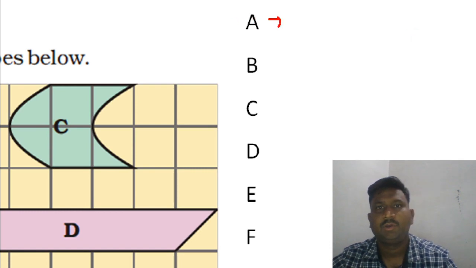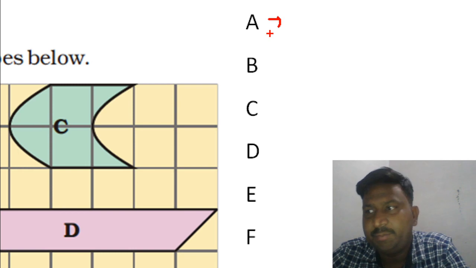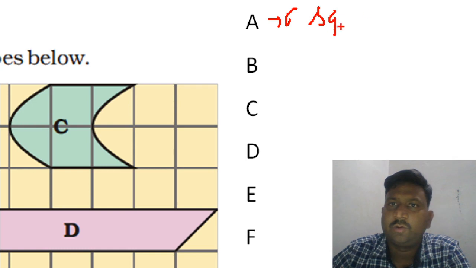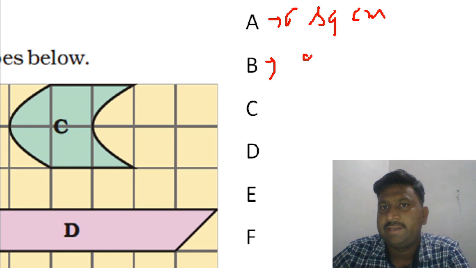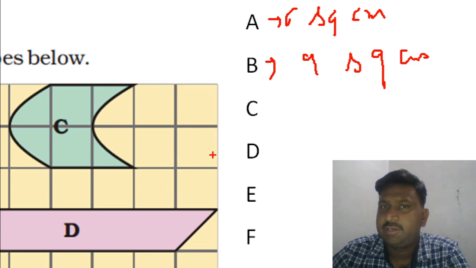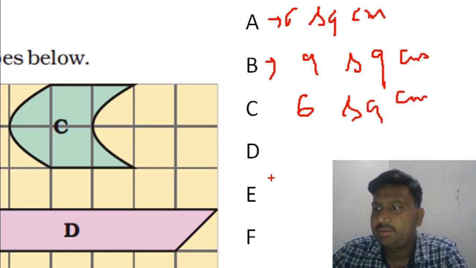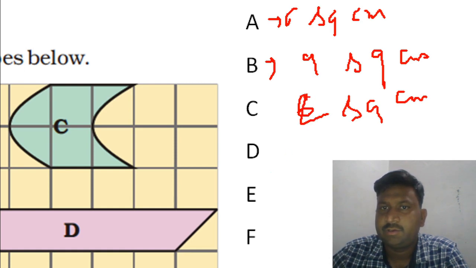A, we know that 6 square centimeter. B, 9 square centimeter. C, sorry, C is 4 square centimeter. You can see 1, 2, 3, 4.